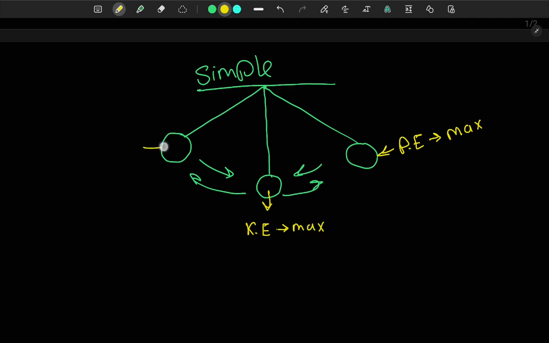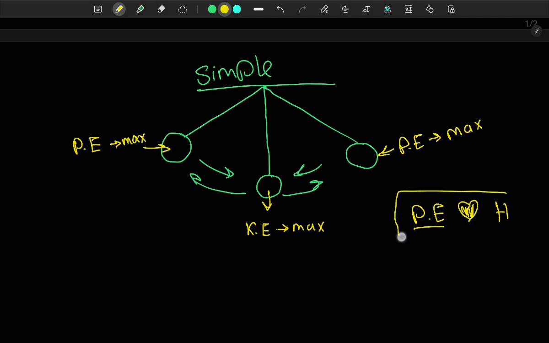Here in the maximum height, the potential energy is maximum. So we have a relation here: potential energy is in love with what? With height. When height increases, potential energy increases. When height decreases, potential energy decreases.